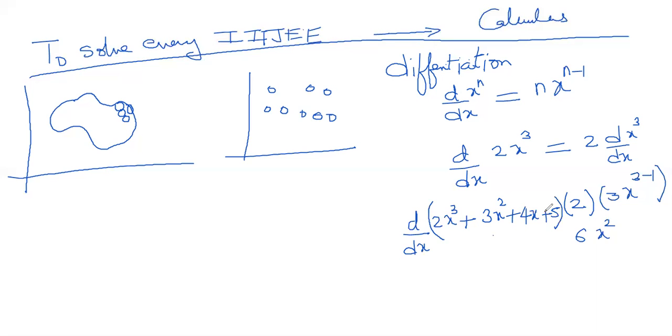Each of them you have to differentiate. For this, then for this, then for this, then for this. There may be plus or minus. You just have to put the signs as they are. Don't touch these coefficient numbers. Only do the differentiation for x powers. And the differentiation for a constant is 0.